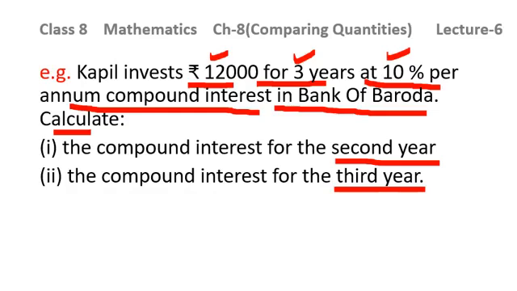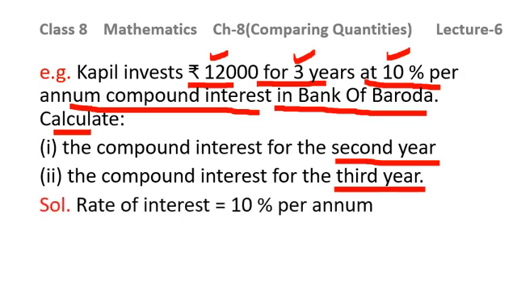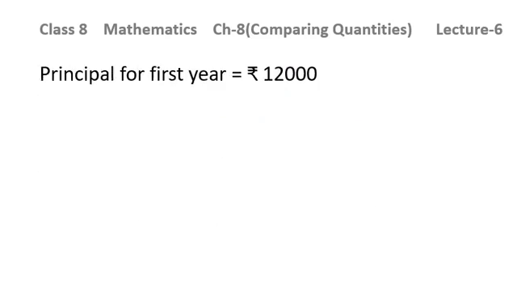And I told you that in case of compound interest, the amount of the previous year will be the principal for the next year. It will be more clear to you with the help of this example. Let us see the solution. Rate of interest is given as 10% per annum.